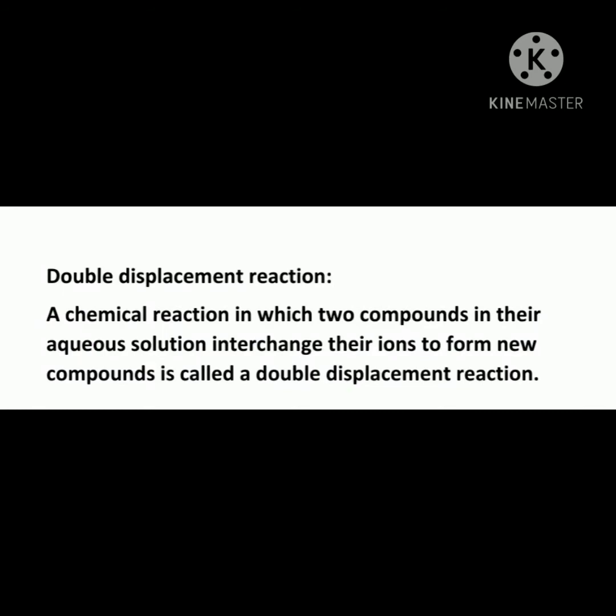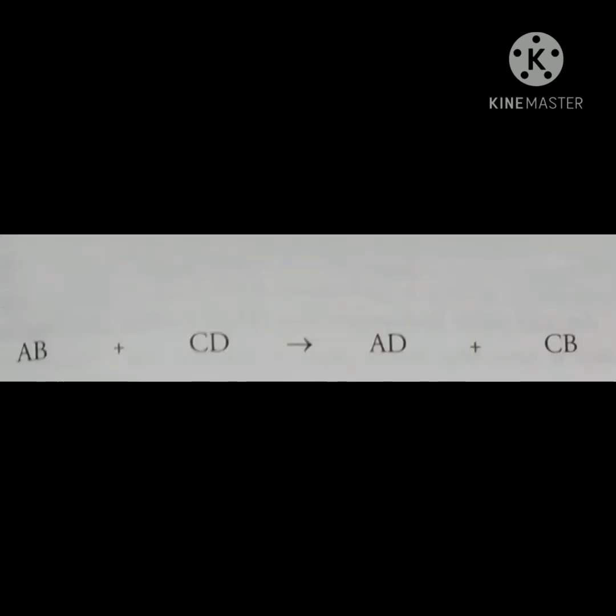Now let's see the general formula. If you see the general formula, you will see AB plus CD. So the reactants are AB and CD. Now I told you in double displacement reaction, two elements are replaced. That means exchange of ions takes place here. So instead of AB, now it will become AD.